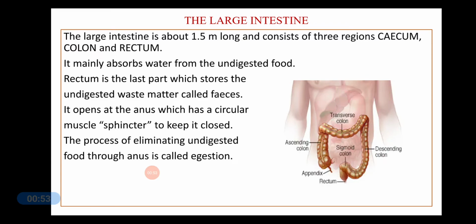So, whatever undigested food is passed out from the small intestine into the large intestine, here the water is mainly absorbed. When much of the water is absorbed, the undigested waste matter that reaches the rectum is semi-solid.